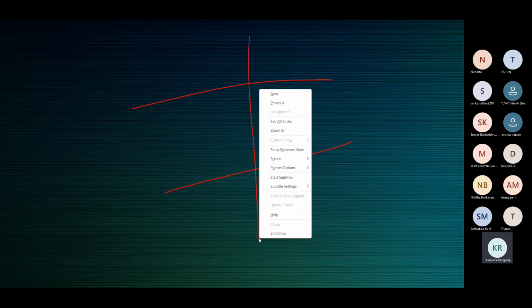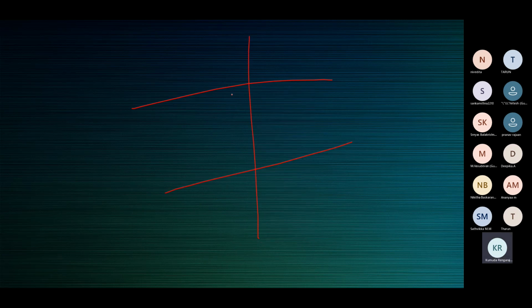Parallel lines, transversal. These two angles add up to 180 because they're co-interior angles. They're supplementary. So this angle plus this angle is equal to 180.